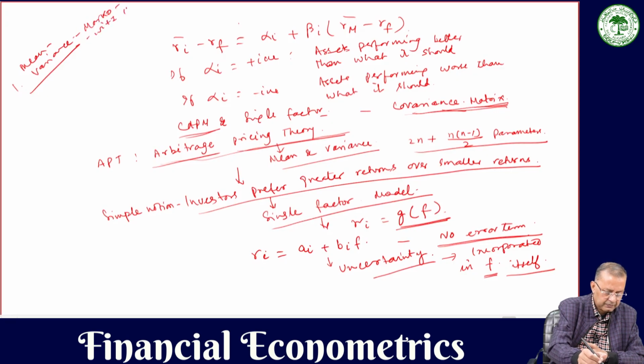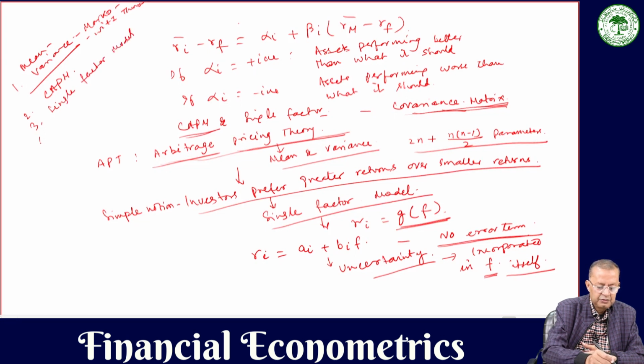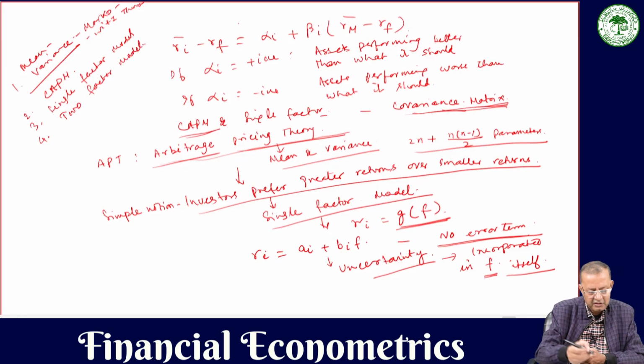The second one we talked about was CAPM. The third one was the single factor model. The fourth one was the multi-factor model, the two-factor model, and whatever is true for two factors will be true for three factors and many factors. Then we talked about the arbitrage pricing model, APM.